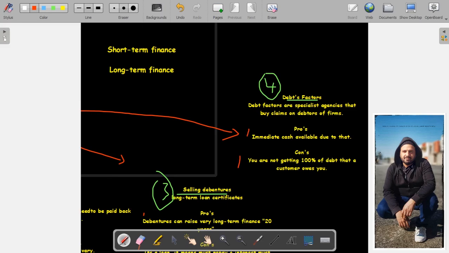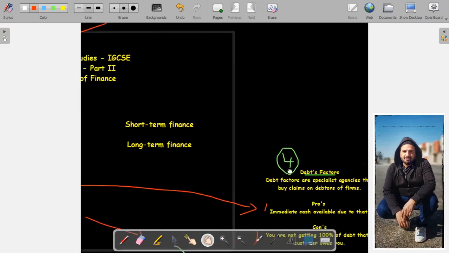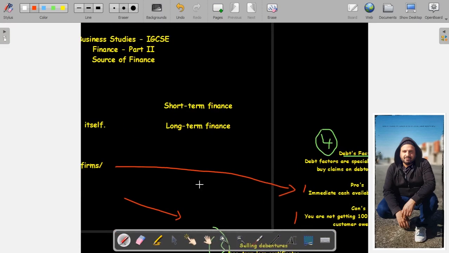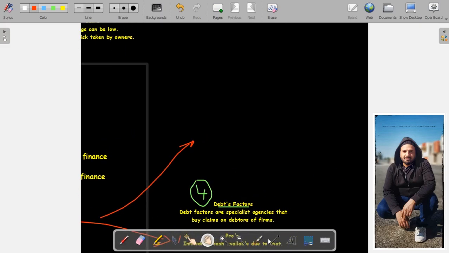Let's talk about another way of external finance. We'll talk now about the government, how to be funded by the government, the subsidies and that kind of thing.